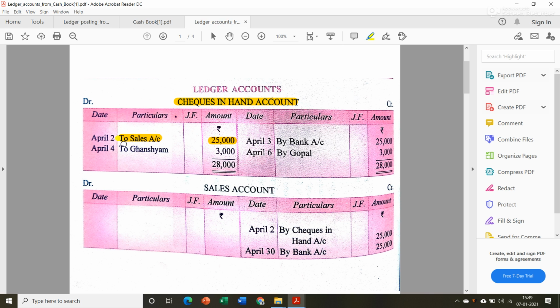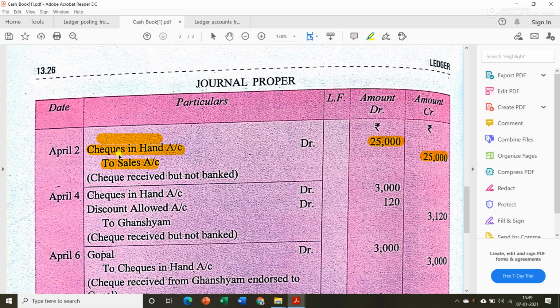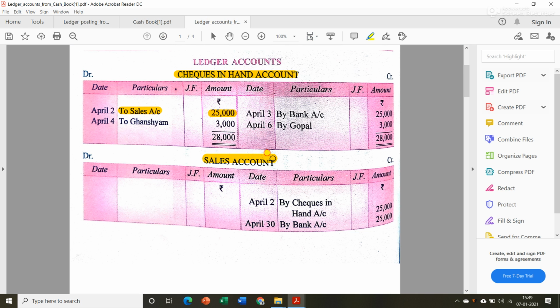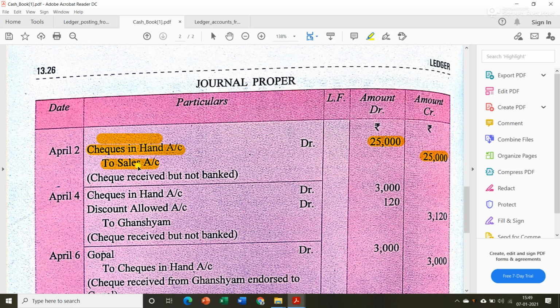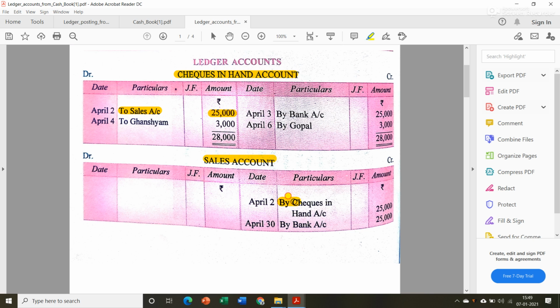Remember, on the debit side we write to, and on the credit side we write by. Then the next account we have is sales account, and while preparing it we have checks in hand on the debit side. So we will simply put by in front of this checks in hand, and by comes on the credit side, so by checks in hand account 25,000.